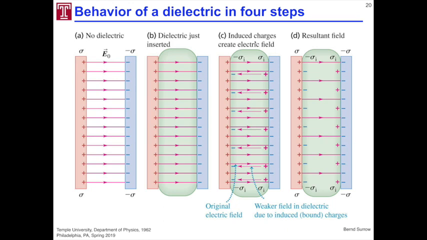What happens then is that molecules orient themselves inside of this external electrical field, where the negative part is directed towards the positive plate, the positive side towards the negative plate. This sets up by itself an electrical field which is in the opposite direction to the external electrical field set up by the plates. And now you use the superposition principle.